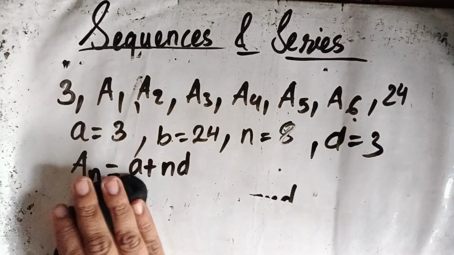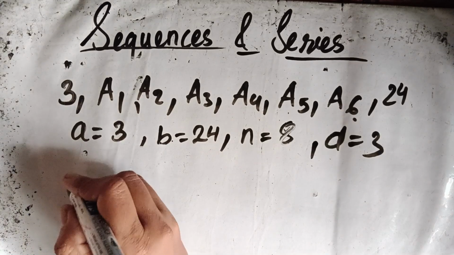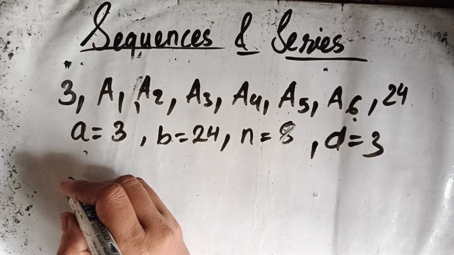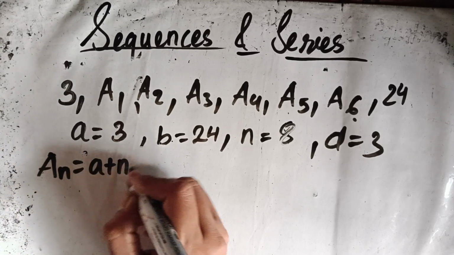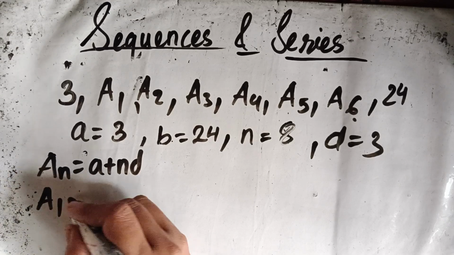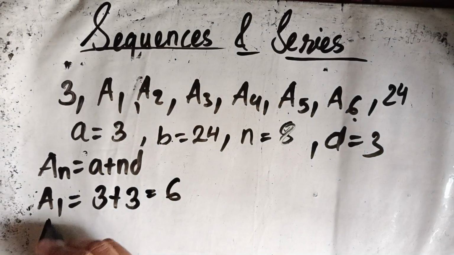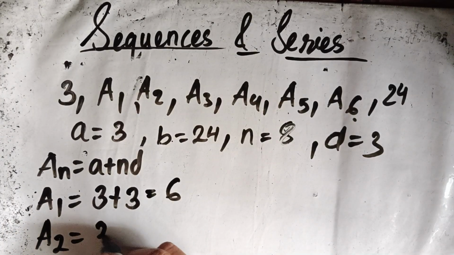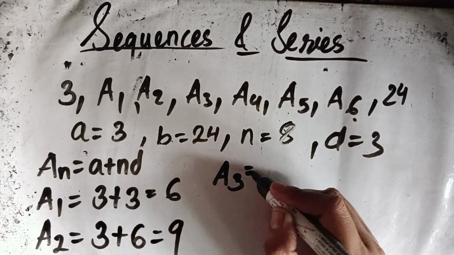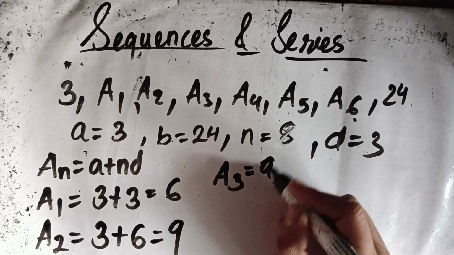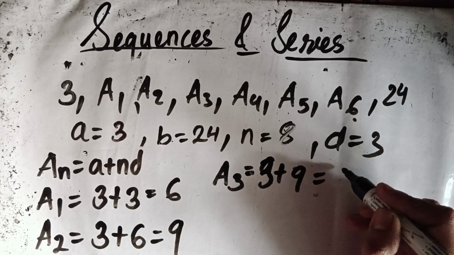Now we have to use that formula. An equal to A plus n D. So for n equal to 1, A is 3, D is 3. So this is 6. A2, 3 plus 2, 3 is 6, 9. A3, 3 plus 9, 12.